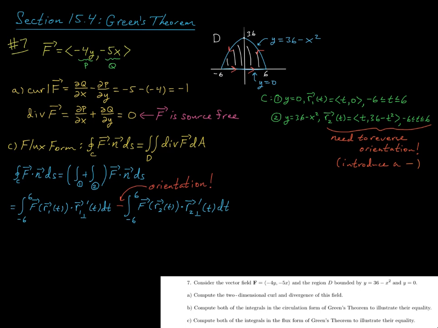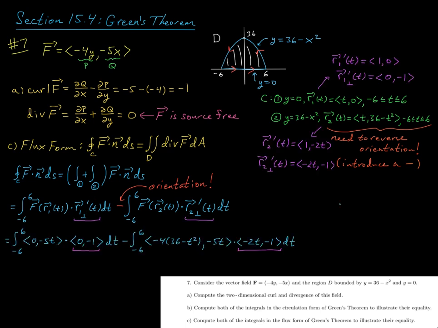So we have that same parameterization as we did for part B. And so I'm going to evaluate my vector field along R1, but now I have to dot it with R1 perpendicular prime. So here, I'll bring that up.